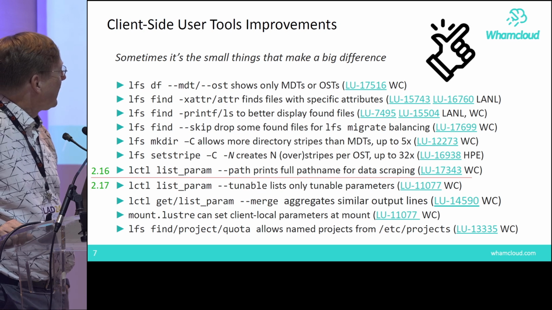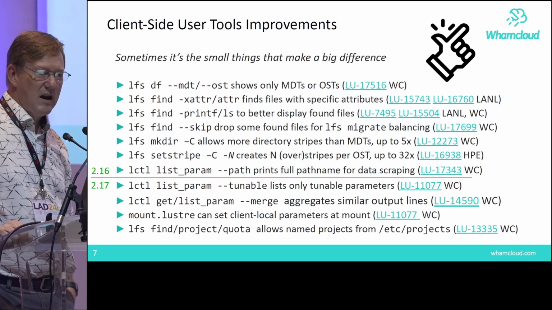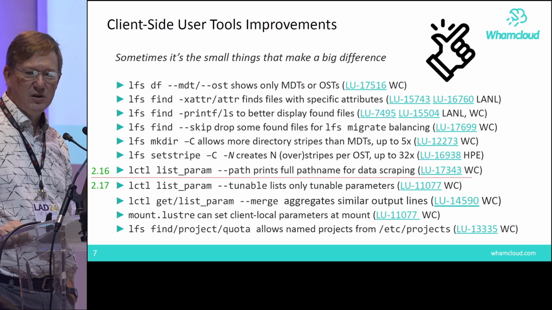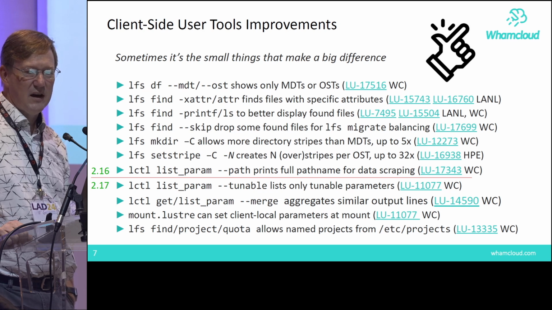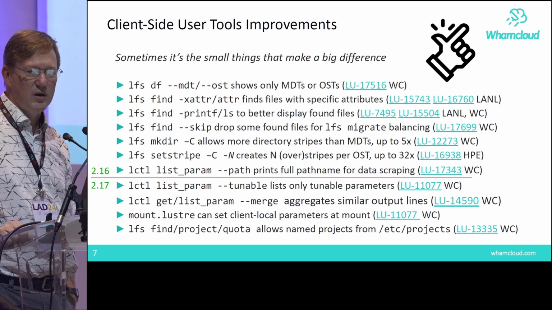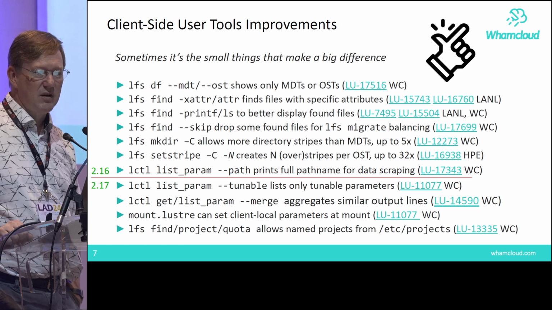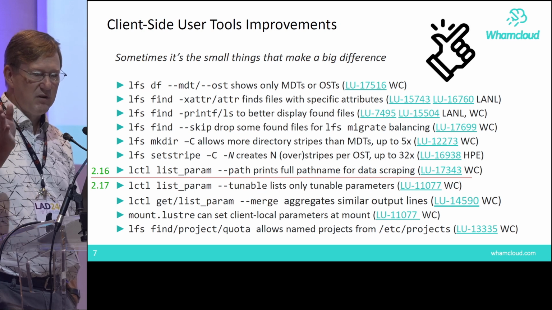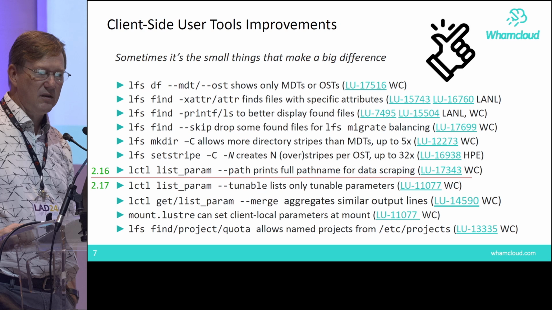lctl list_param --path, that's come up a bunch of times for scraping tools. You're doing Prometheus exporters or you're running your own monitoring tool, and it's recommended to use lctl get_param to get the parameters because they can move around based on the kernel version and things like that.